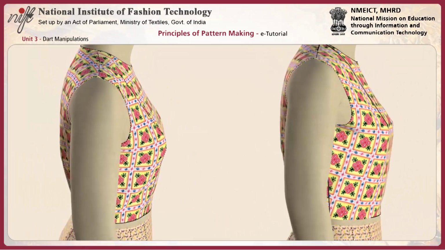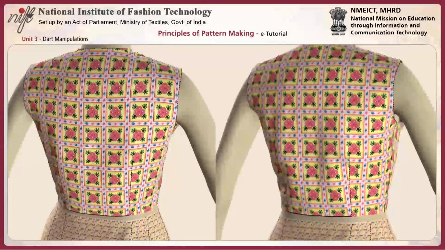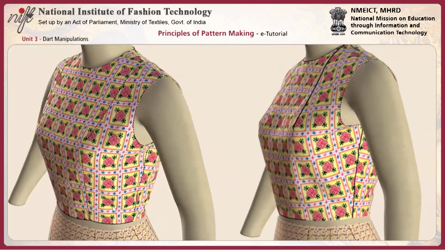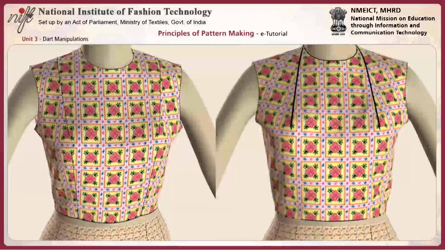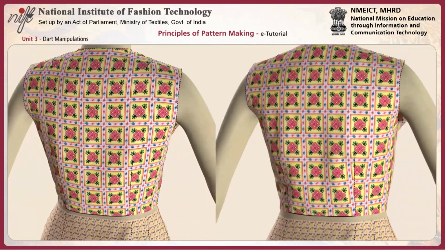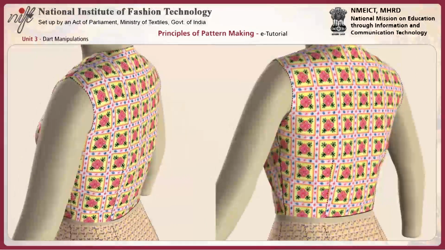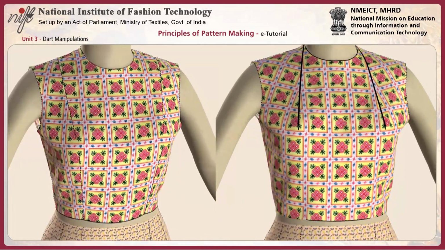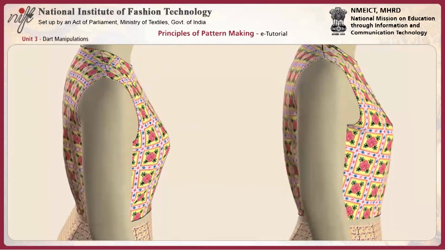The first garment has a waist and shoulder dart in the front and back. The second garment has a shoulder neckline dart in the front and waist and shoulder dart at the back. Both the garments give similar fitting.